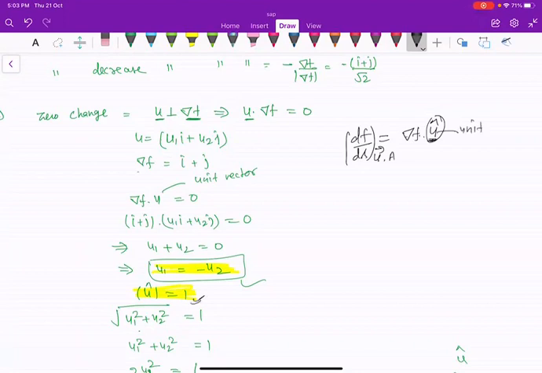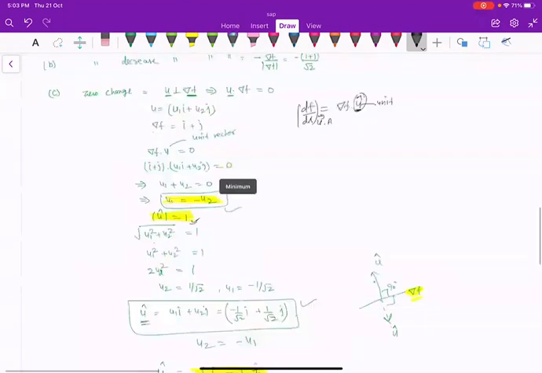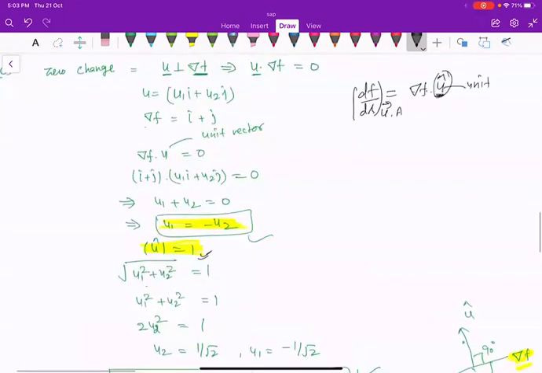That's why. So this should be clear: how to compute the direction in which no change occurs in the function f. Okay.